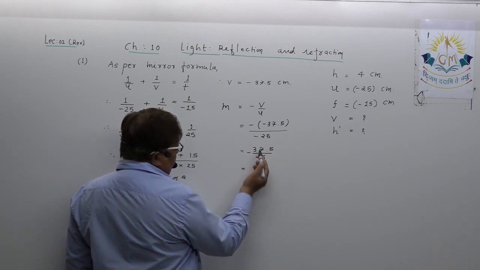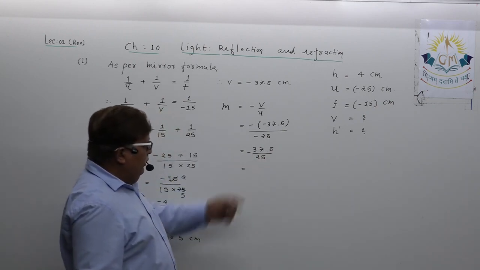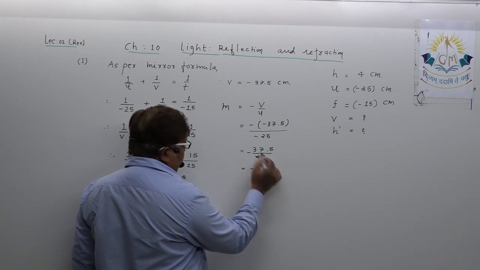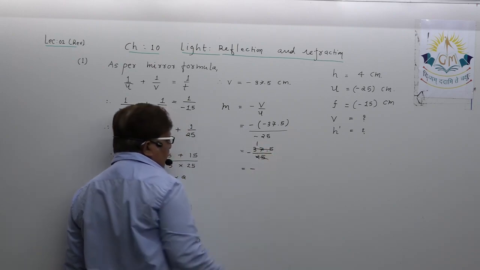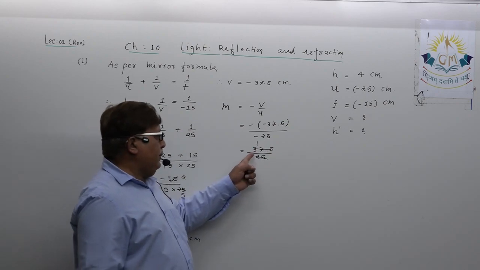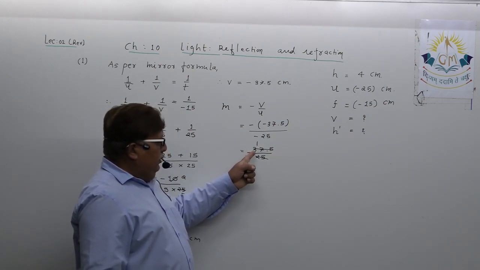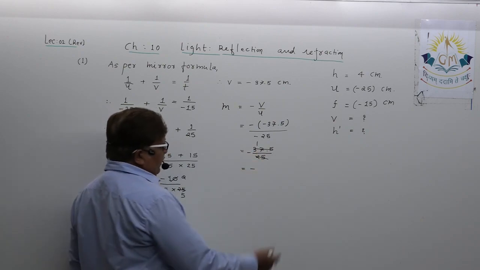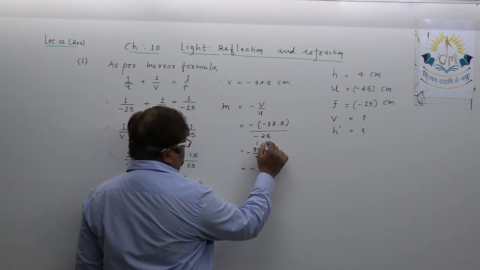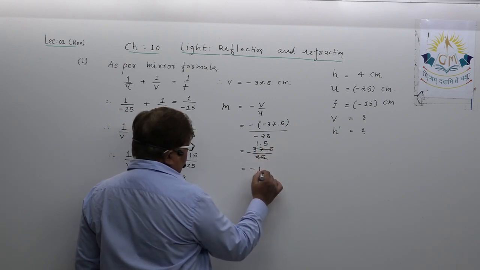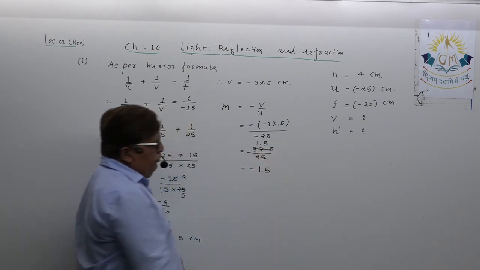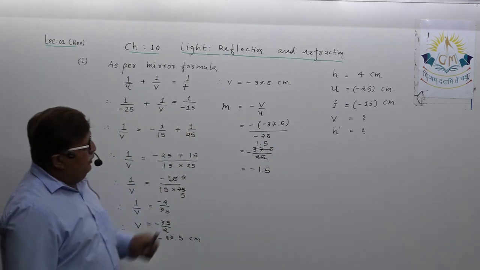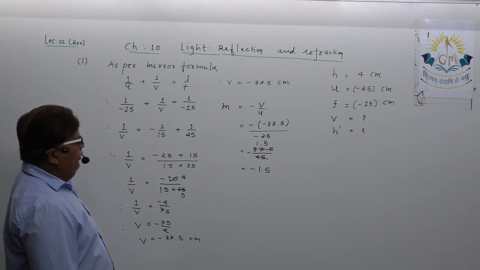You can directly carry out the further cancellation: 25 ones are 25, how much is left? 12.5. 25 fives are 125. So this is 1.5. This is the value of the magnification you got: minus 1.5.